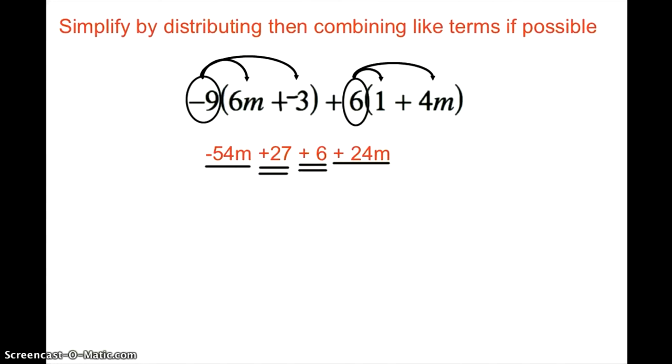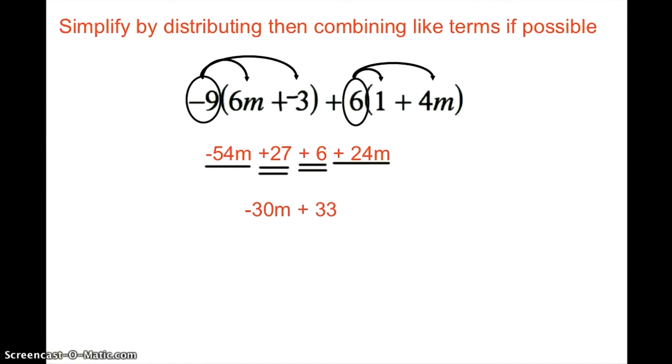So the term that has the variable is going to go first. So -54 is going to fight a positive 24. And negatives are going to win by 30, and their last name is m. And if I add 27 plus 6, I'm going to get 33.